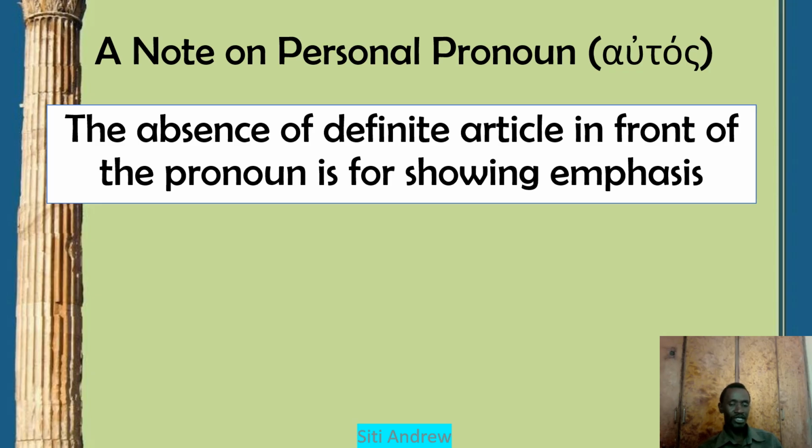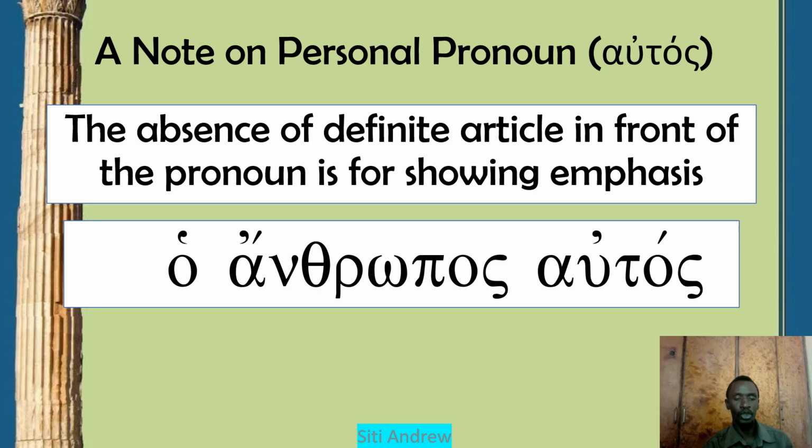When there is an absence of the definite article in front of the pronoun, then the pronoun is being used there for emphasis, like what you have here, ho anthropos autos.